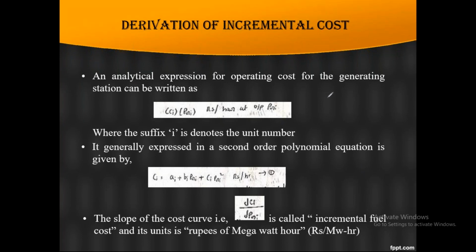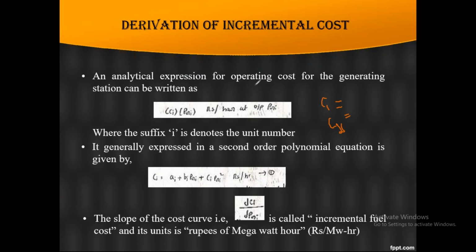Suppose a generating station consists of two units, and the two units' costs are indicated by C1 and C2. Here C1 and C2 are the costs of the units.